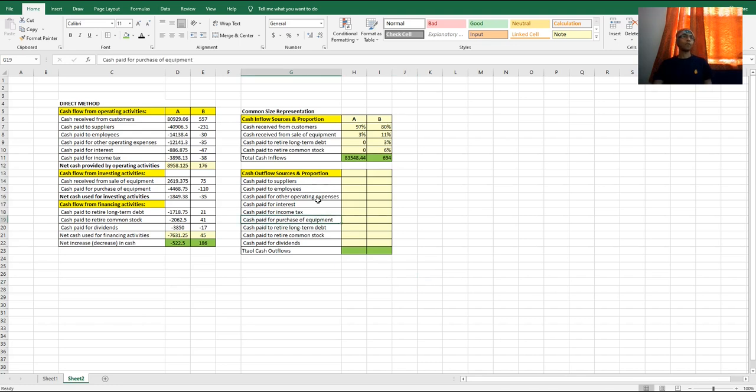Now we come to the outflows. The total for outflows is 84070 for A, right? For A, cash paid to suppliers is 40906 divided by this. So similarly, we can measure the remaining payments also from here.